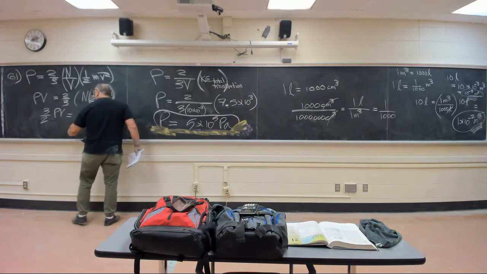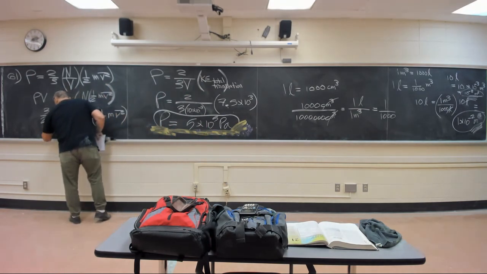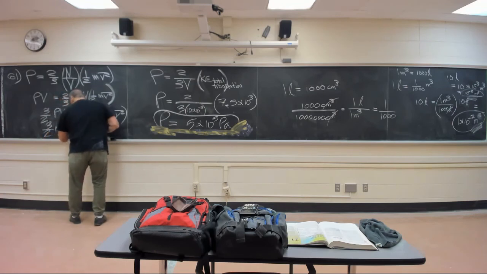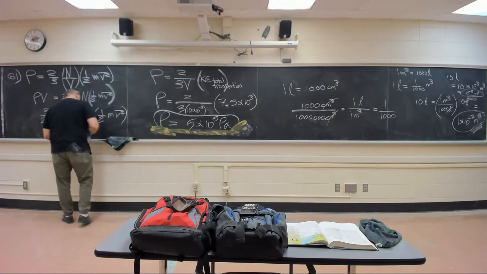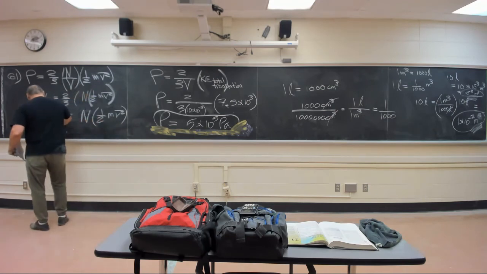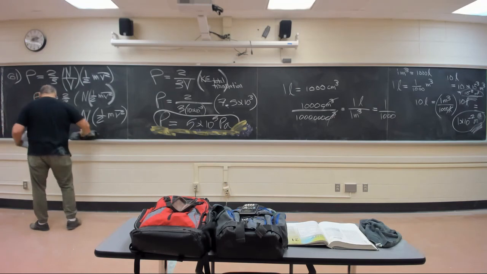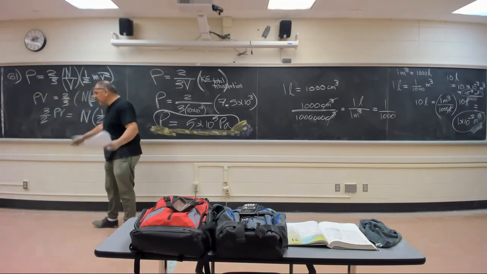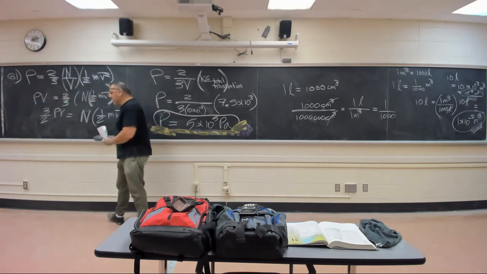Well, what is that? This right here is 3 halves nRT. That's what it is. 3 halves nRT. I had failed to put the 3 halves in there at some point somewhere, just recently, not in the big derivation. The big derivation, we derived it just fine.